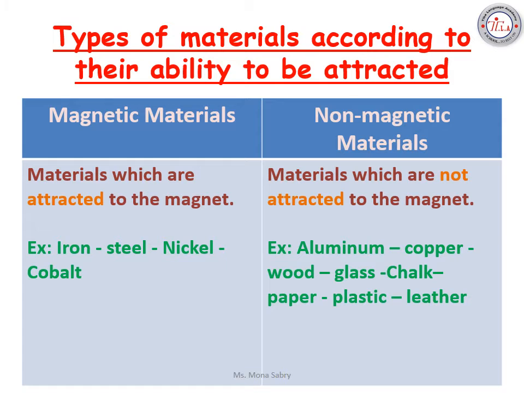So, there are two types of materials according to their ability to be attracted to the magnet. Magnetic materials are iron, steel, nickel, and cobalt only. Non-magnetic materials are like aluminium, copper, wood, glass, chalk, paper, and plastic.